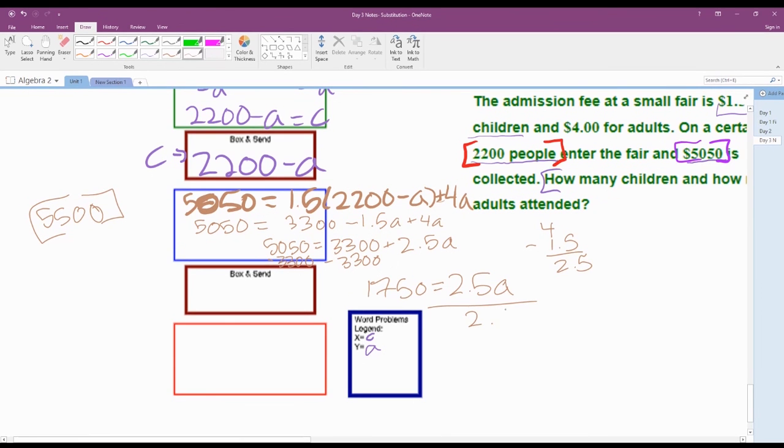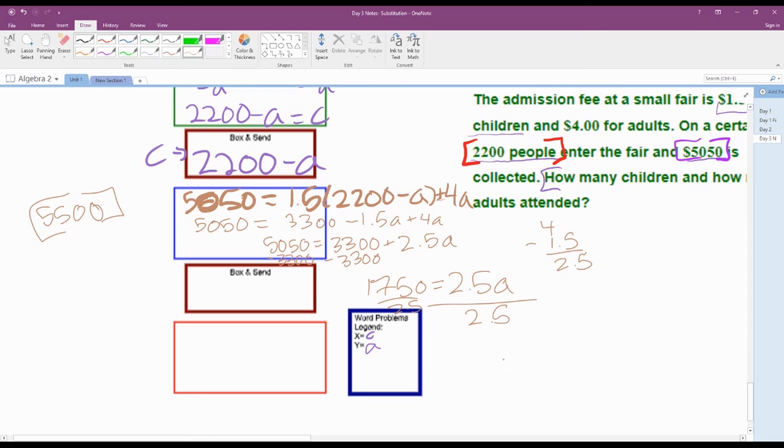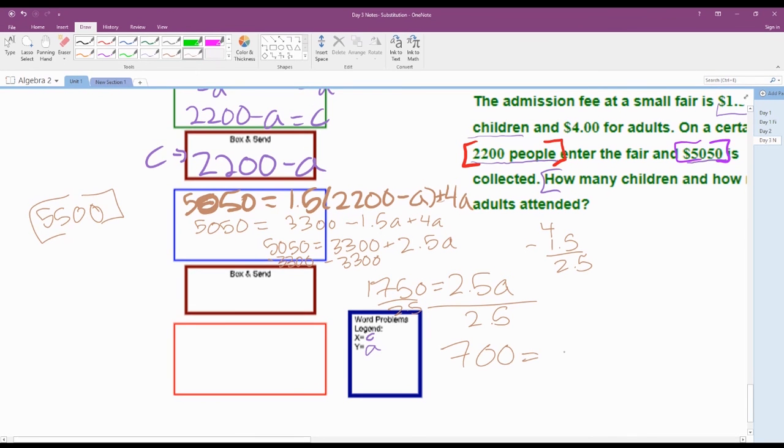Divide both sides by 2.5. And yeah, I definitely don't know that off the top of my head. So 1,750 divided by 2.5 is 700. So that gives us 700 equals A.